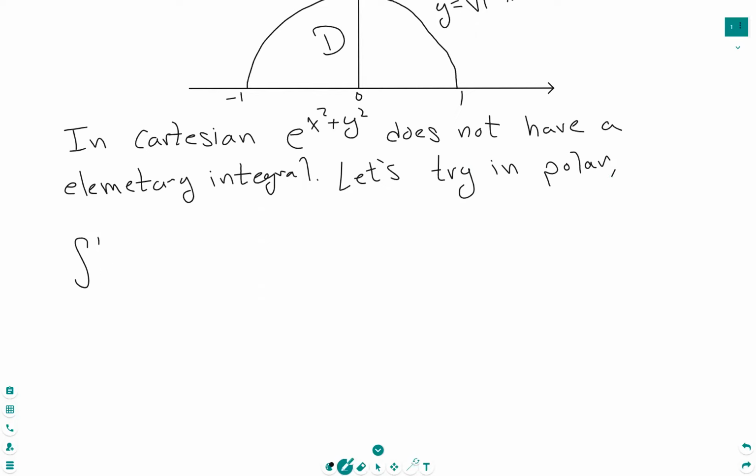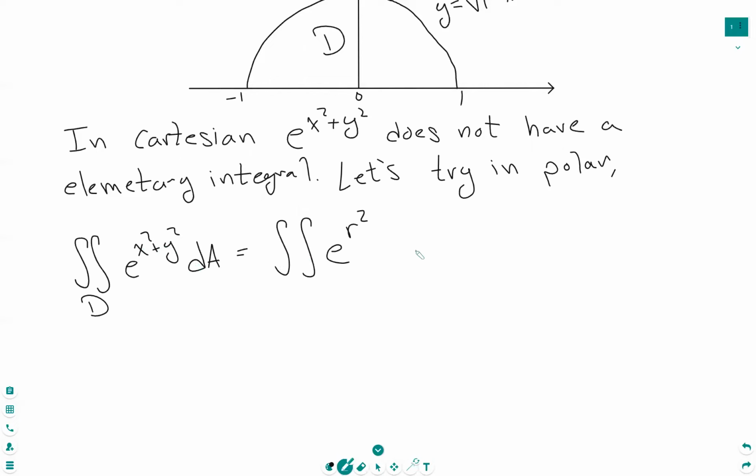The double integral over this region D of e to the x squared plus y squared dA is, this again is a polar rectangle, but let's wait to do the bounds. Let's do our integrand first. So here, this x squared plus y squared gives me an r squared.